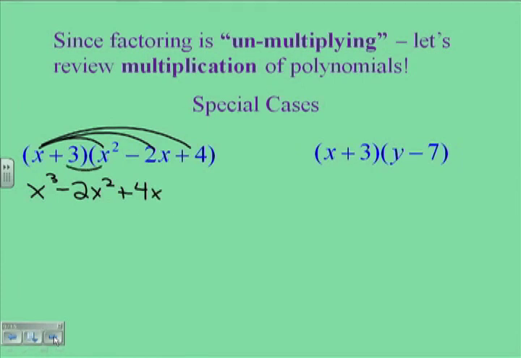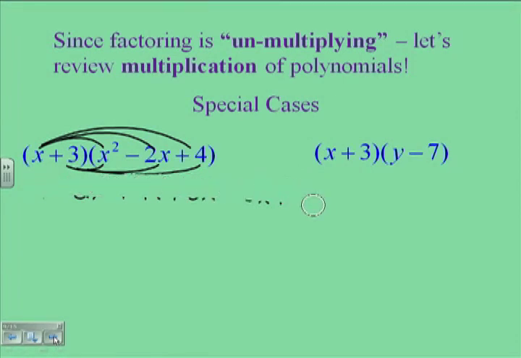Now distribute the plus 3 through, and I get plus 3x squared, and I get minus 6x, and I get plus 12. You know what? It just dawned on me that I wrote the number wrong when I typed that on here because it's not coming up with what I wanted.